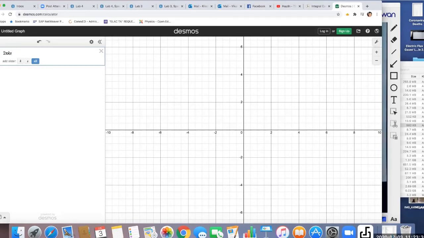Let me just use S for sigma. 2 pi k sigma, 1 minus x divided by r squared plus x squared. I think it's 1 over x minus 1 over x.